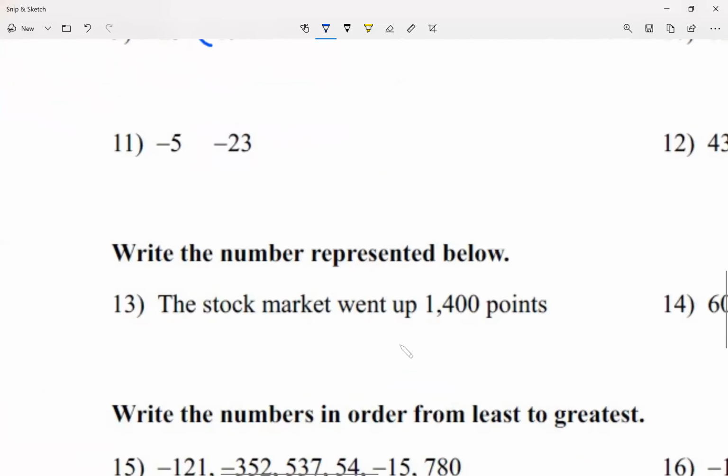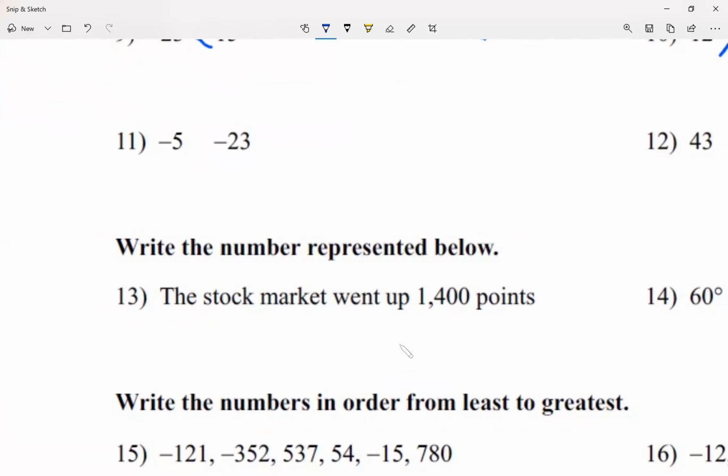Now here on number 11, I'm going to compare two negatives, right? Negative 5 and negative 23. Usually when they were positive, we don't struggle. If I'm comparing positive 5 and positive 23, we will say, well, 23 is bigger. In negatives it is the opposite way. Negative 5 is bigger than negative 23.